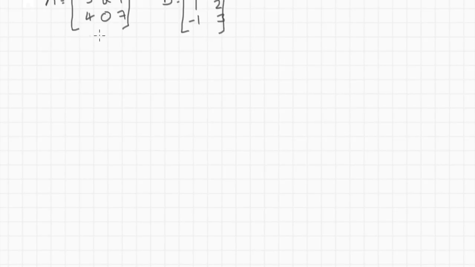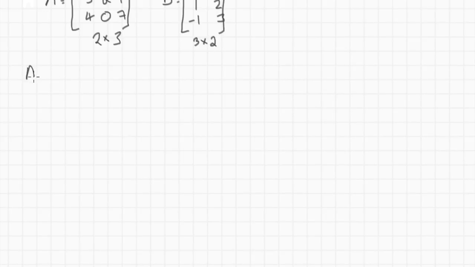This matrix A has 2 rows and 3 columns, so we'd call it a 2 by 3 matrix. That's what's known as the dimensions of the matrix. Matrix B has the opposite. It has 3 rows and 2 columns, so we'd call this a 3 by 2 matrix.